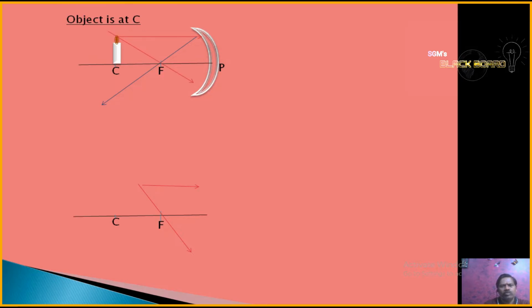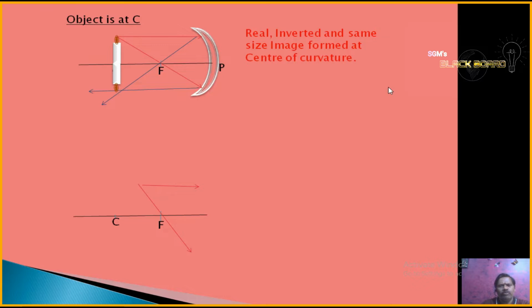Another ray we are taking through the focus point, so that it reflects in such a way that it is parallel to the principal axis. So here we are getting the image at the center of curvature. The same size image, inverted. So a real, inverted and same size image is formed at the center of curvature.